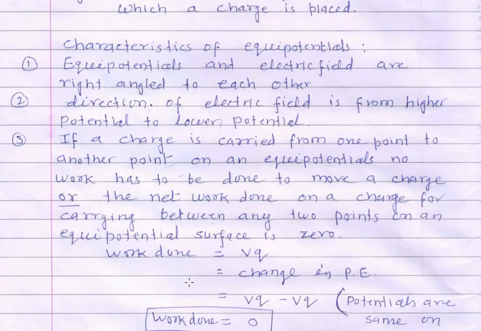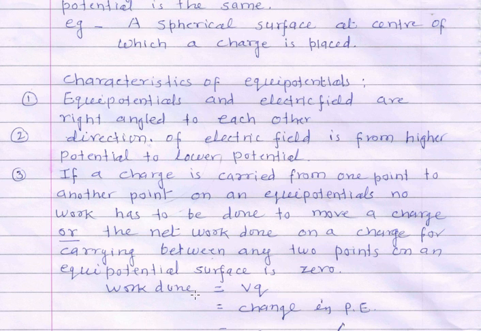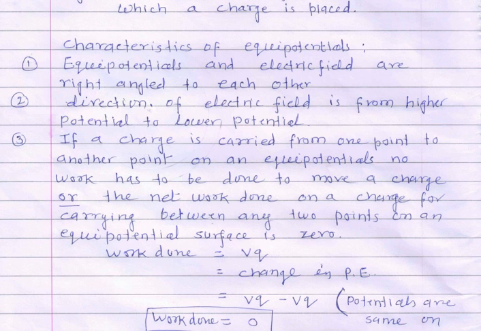Now we are trying to understand a very important characteristic of the equipotentials: if a charge is carried from one point to another point on an equipotential, no work has to be done to move the charge.